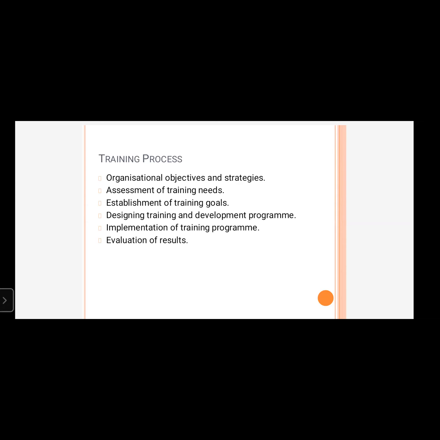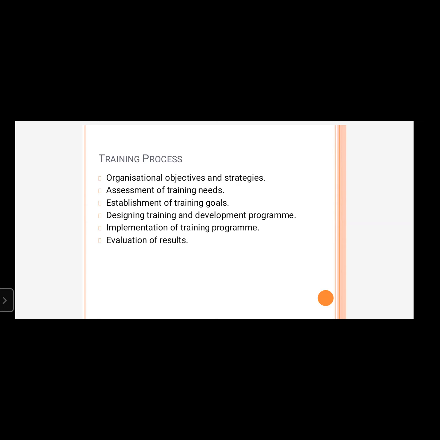What was the volume of wastage earlier, and what is the wastage after training? So everything is to be evaluated once the employee has started working on the job after training, and then the organization will come to know whether the goals of the training program, set in the third stage, establishment of the goals, were met or not.